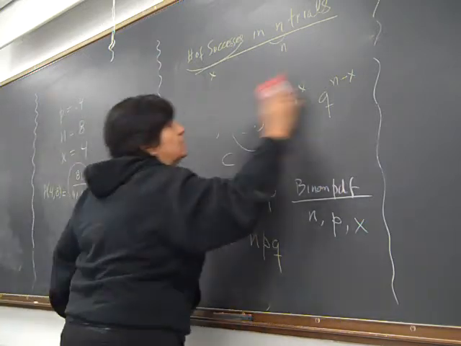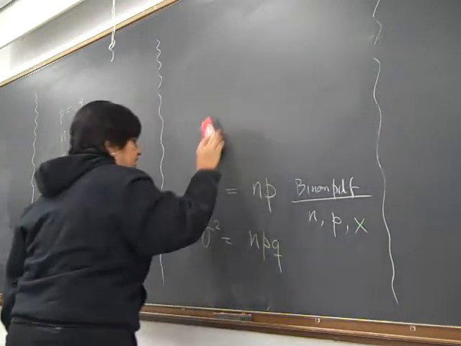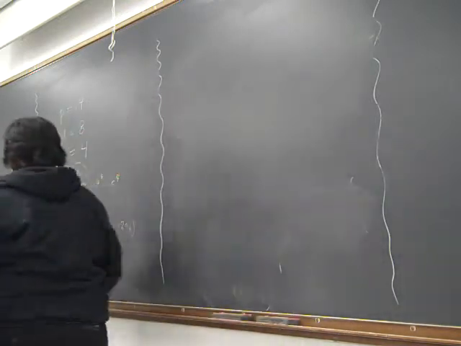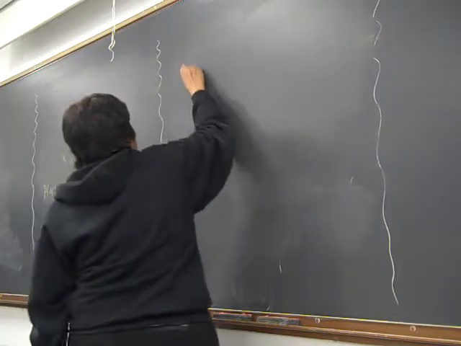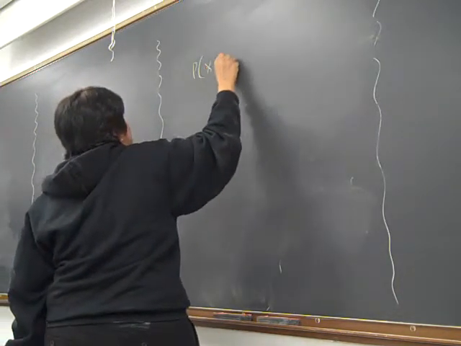So in that case, what is the probability that x is greater or equal than 4?